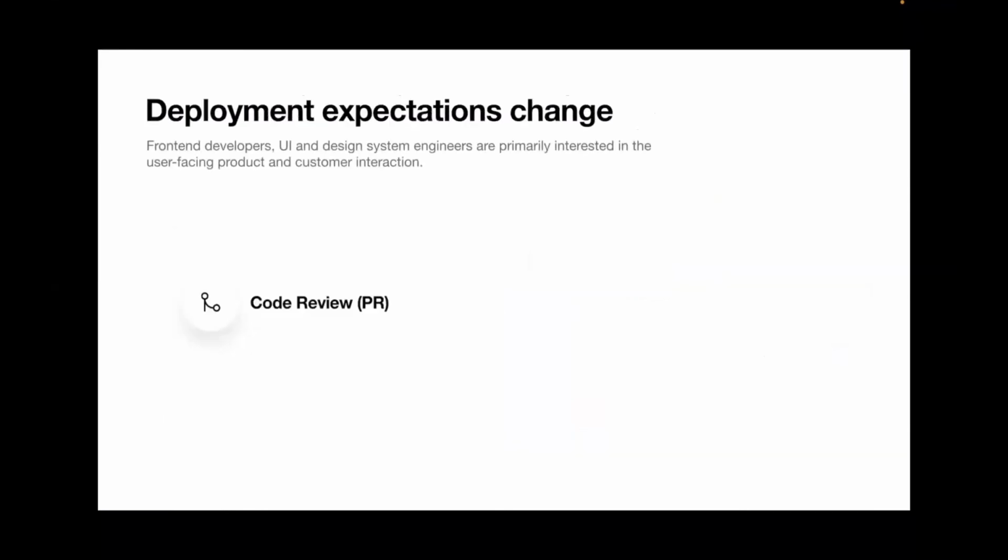And I think perhaps the most interesting trend that comes with this is that if we're focusing on the front end, the idea of the code review, while still incredibly relevant and it's not going to disappear, can really give rise to instead focusing on the end result, which is what we call the deploy preview.